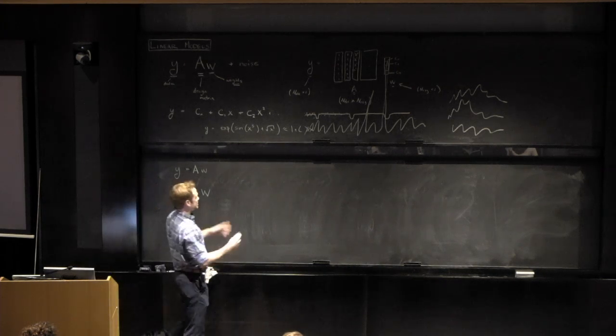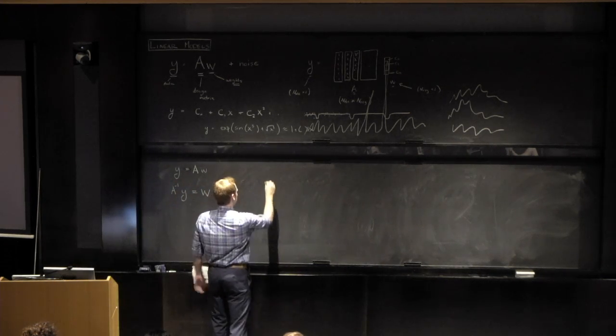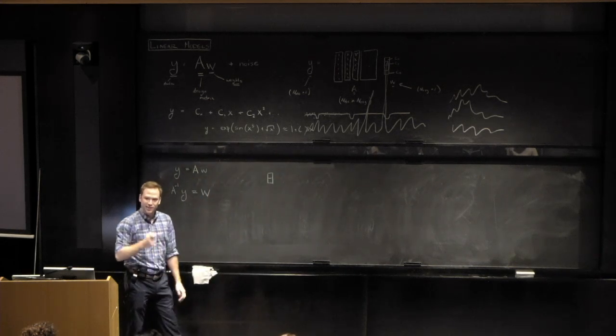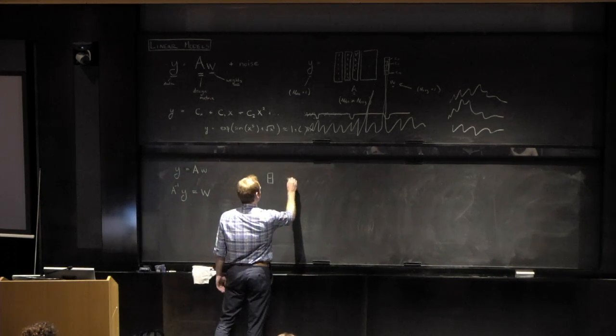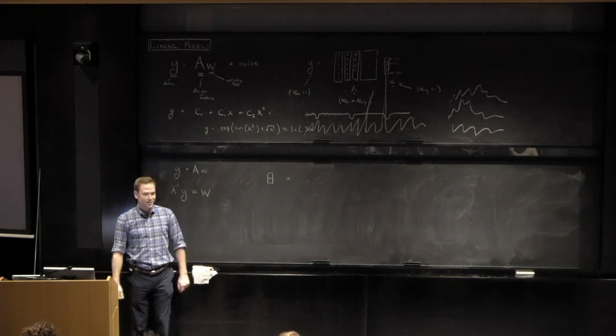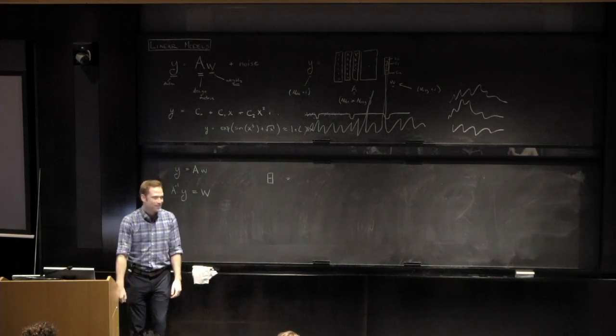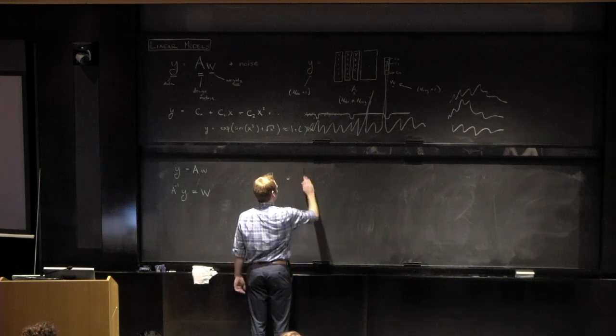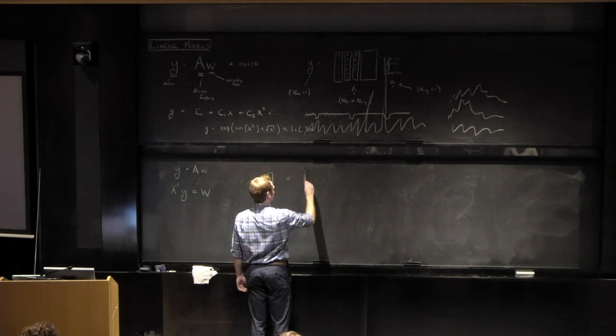Say, for example, I have 2 data points. That's my y vector. I've made 2 measurements. And say I want to fit a 20th order polynomial to these 2 data points. My design matrix will look like this.